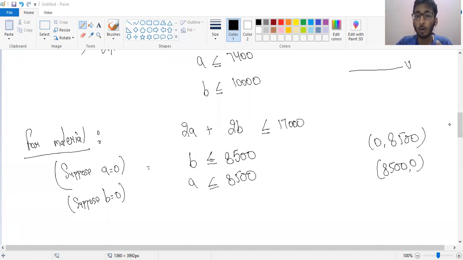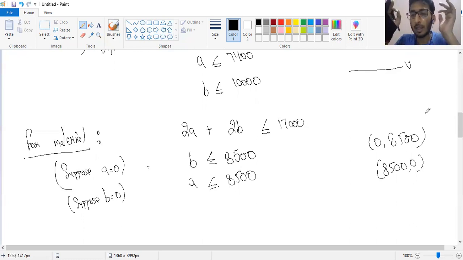We can create more points as well, but I don't think we require more points. There can be n number of points. You can put one value in A and get the value of B. So the best thing is to put 0 at both places.